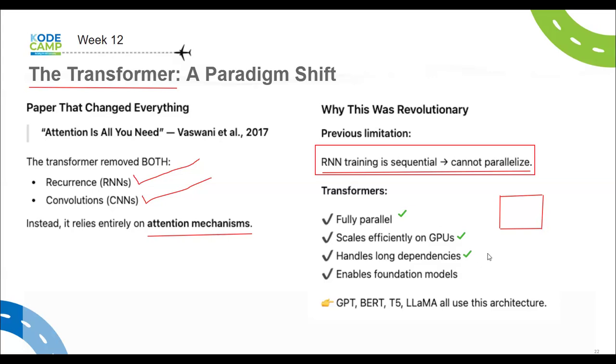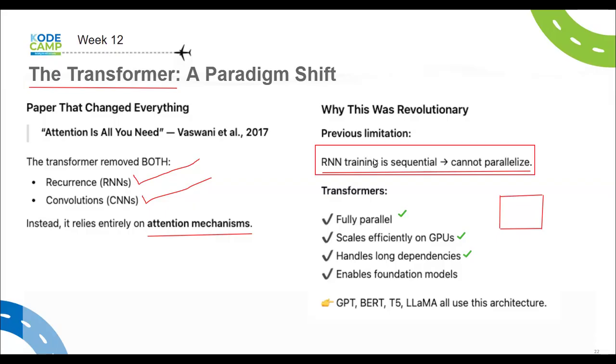The other beauty of the transformer is the long range dependencies of long sentences and long paragraphs. The main limitation that RNNs, GRUs and LSTMs had was the vanishing gradients problem, right? Or vanishing weights.